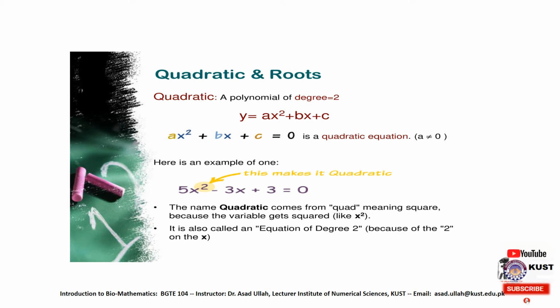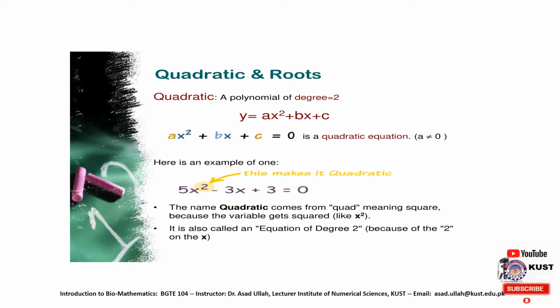For example, y is equal to ax square plus bx plus c is a simple quadratic function in which the highest degree of the variable is equal to 2. Similarly, ax square plus bx plus c is equal to 0 is the general form of the quadratic equation in which a is not equal to 0.